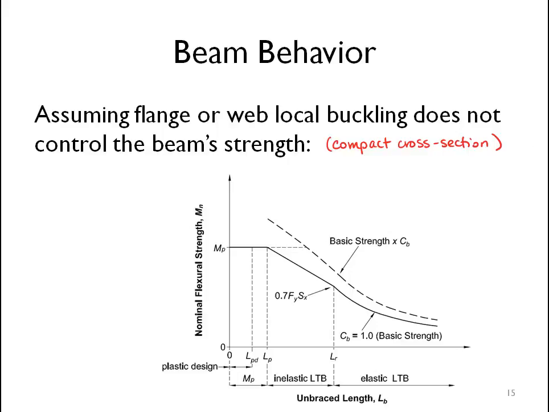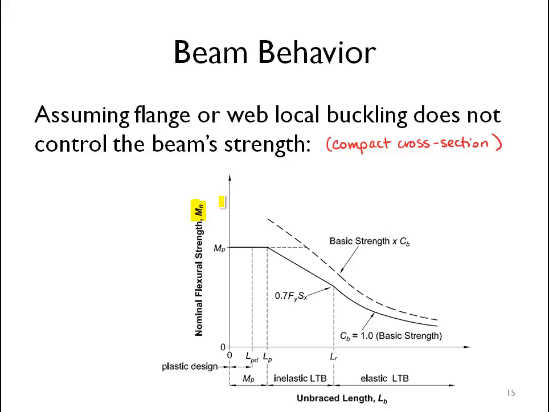So on the y-axis, I'm presenting moment capacity, nominal moment strength, M sub n, and this is a new way of talking about capacities. When we talk about capacities for columns, we talk about axial load capacities, and we designated that with the letter P. So our nominal capacity for a column was P sub n.